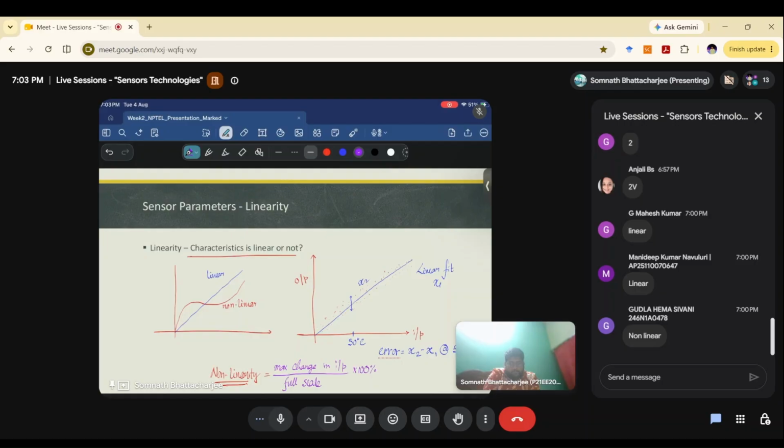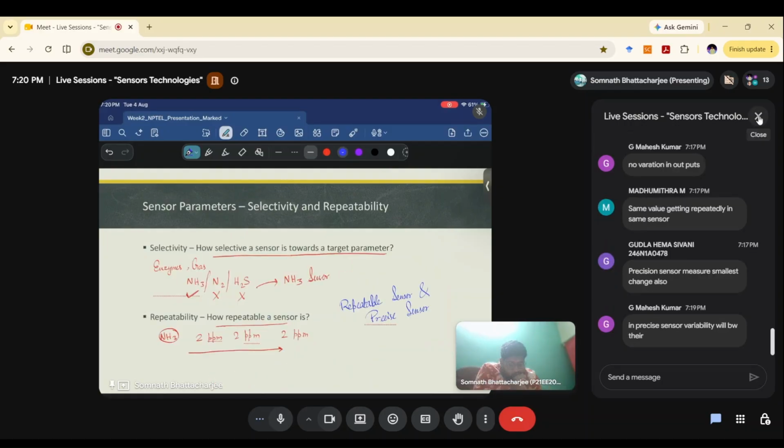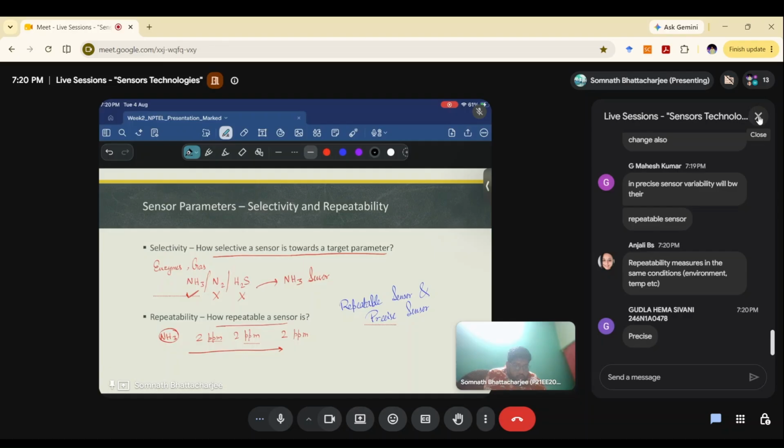So which one is a good sensor, repeatable or a precise sensor? So what the main thing is that a repeatable sensor, no, that's not a correct answer. Yes, a precise sensor will always be good because in the same conditions, environment, temperature.